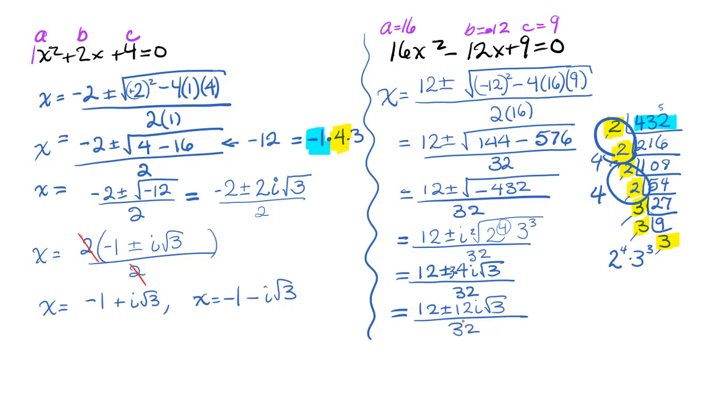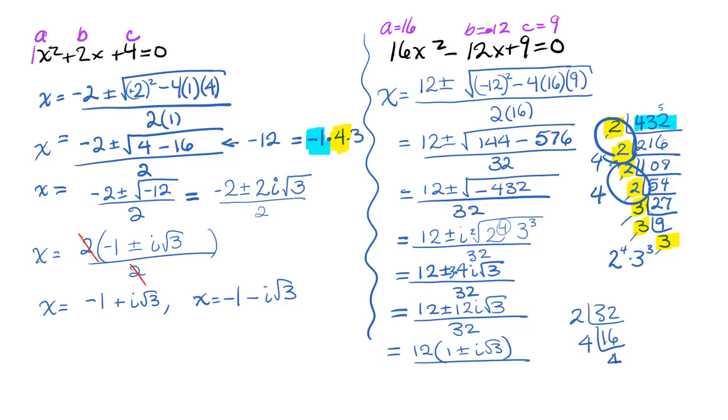Now my common factor is 12, so I'll take 12 out. That will give me 1 plus or minus i root 3 all over 32. Now remember, 32, if we divide by, let's see, 2, that will give me 16. If I divide by 2 again, well, let's just divide by 4.